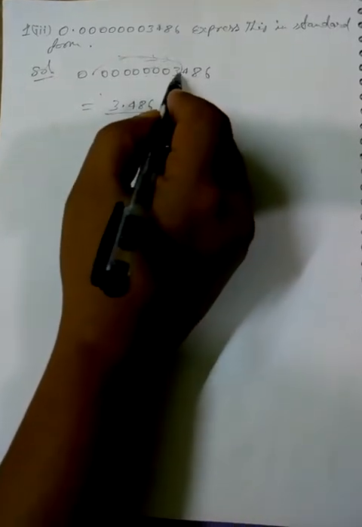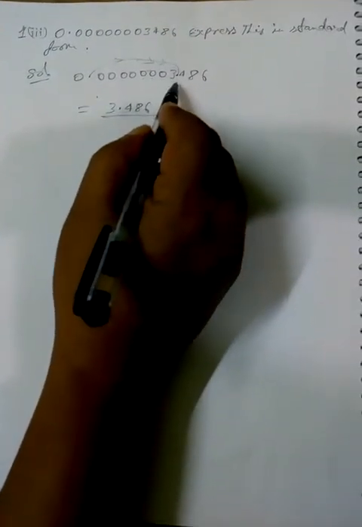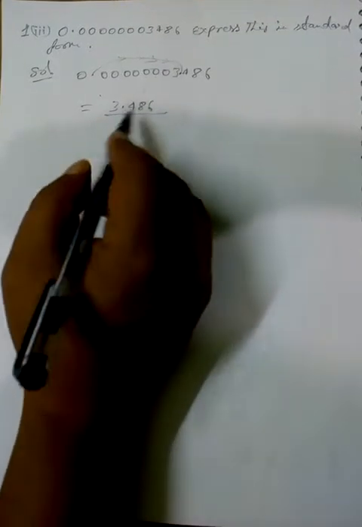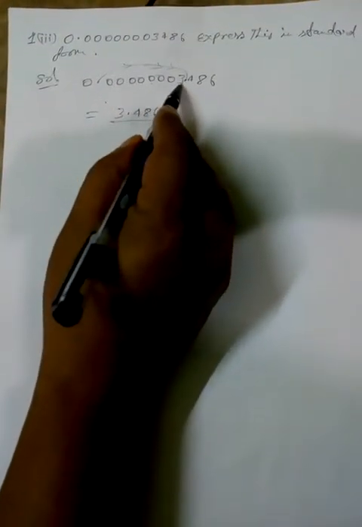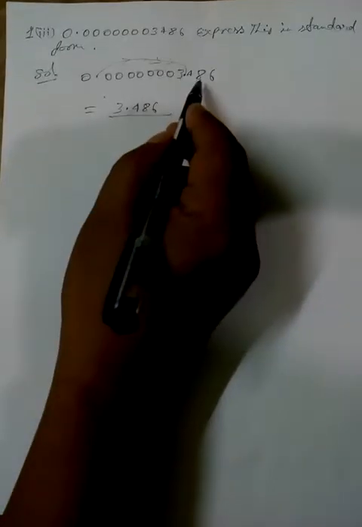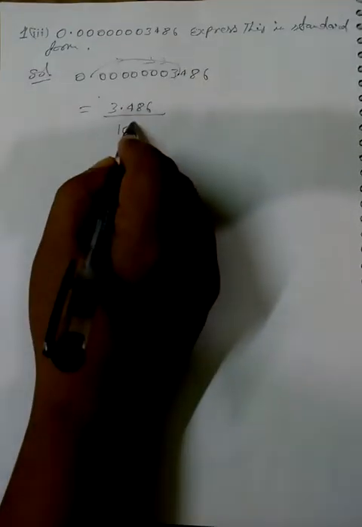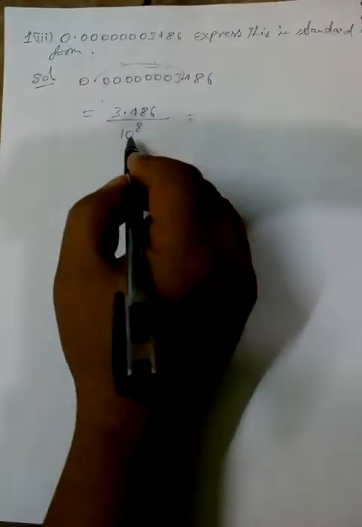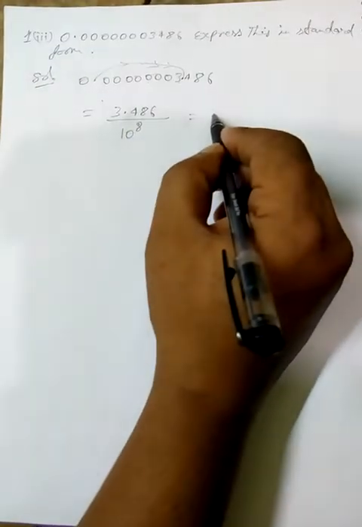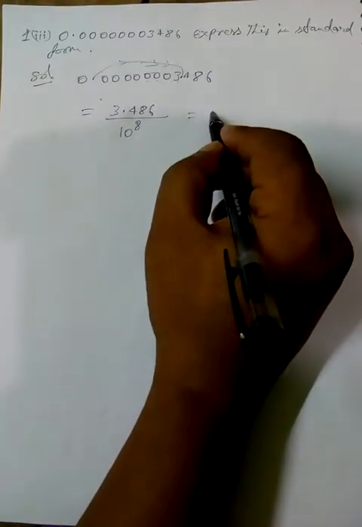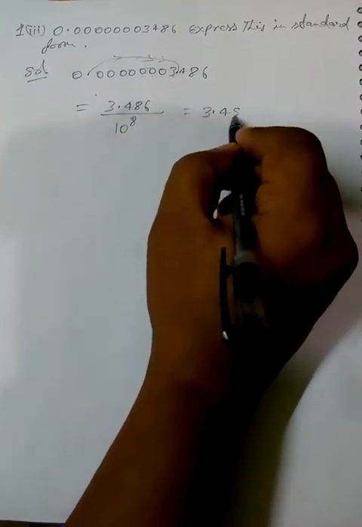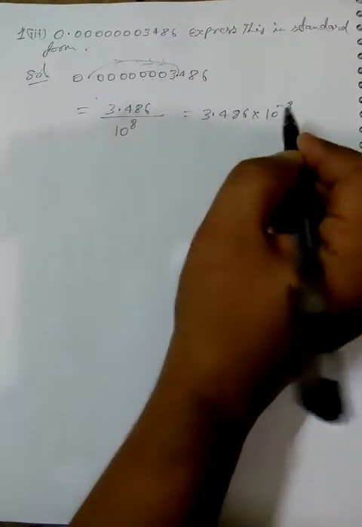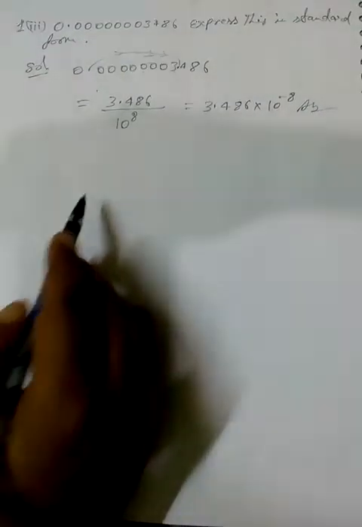It is 3.486 upon, the decimal comes after the digit 3. Now I have moved the decimal 8 digits towards the right, so I will write 10 raised to the power 8 in the denominator. Now to bring the denominator to the numerator, to write in the standard form, I will write 3.486 into 10 raised to the power minus 8, and this is the standard form.